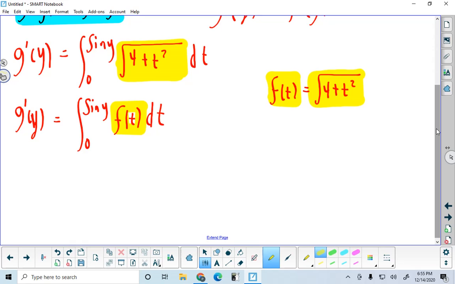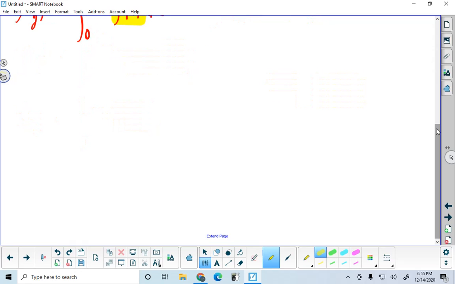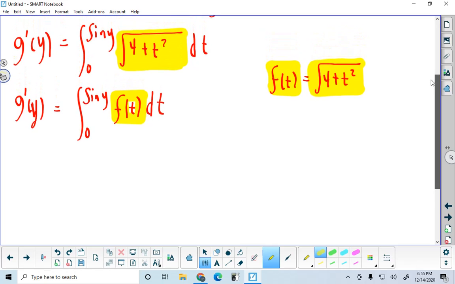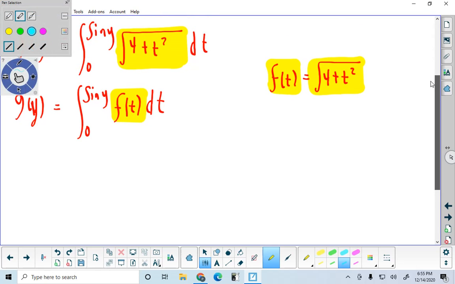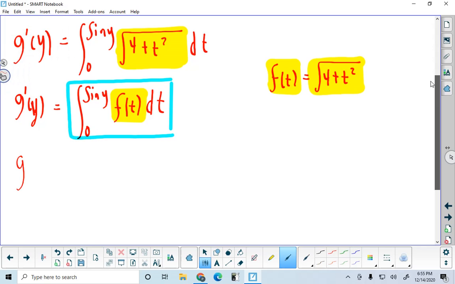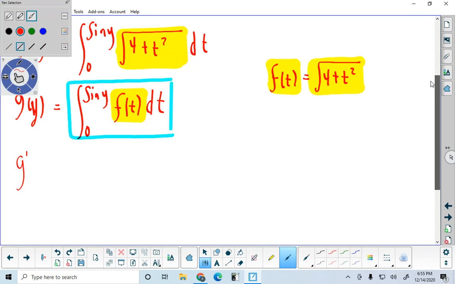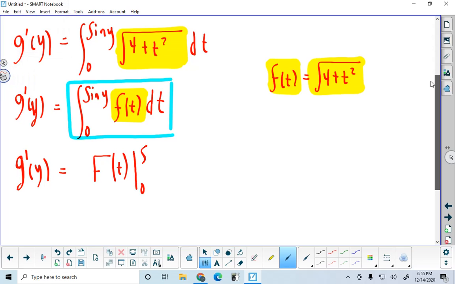So what does the fundamental theorem of calculus have to say about what this is equal to? Well, what that is equal to, which is g prime of y, is the antiderivative of f of t evaluated from 0 to sine of y.